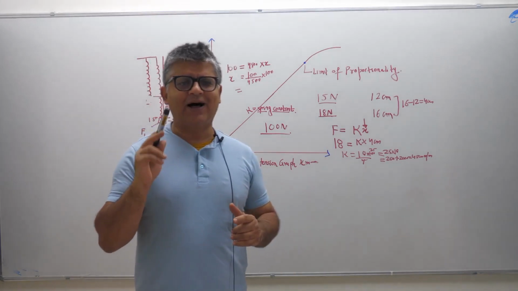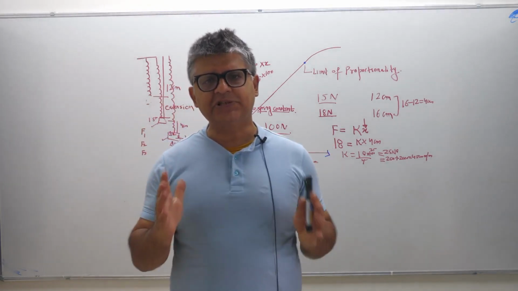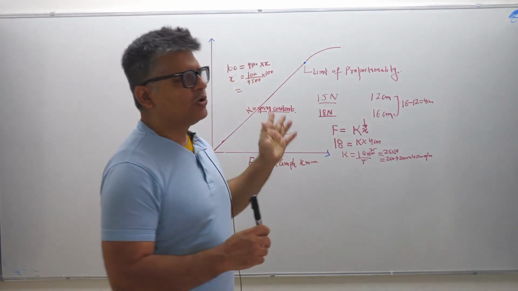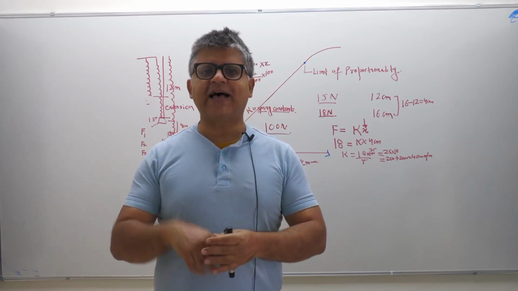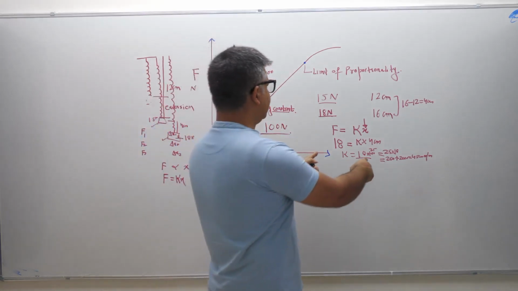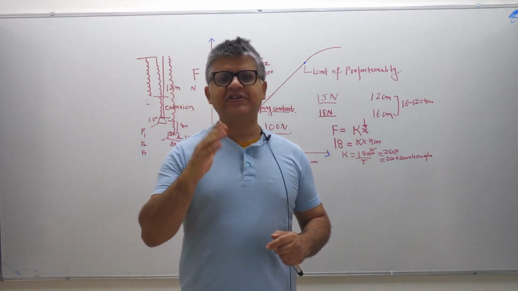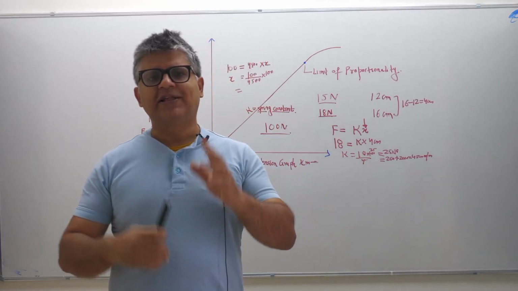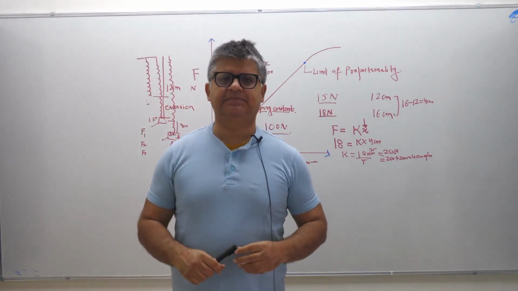My comment and the answer is, if this force is in the limit of proportionality region, I can use F is equal to Kx. However, if the force is outside the limit of proportionality, I cannot say that F is equal to Kx, which is the direct proportionality may not exist.